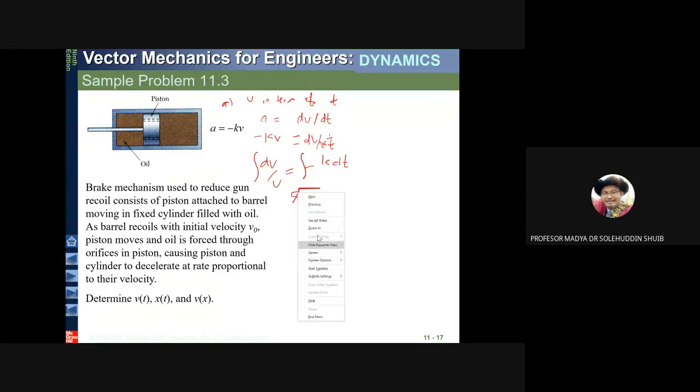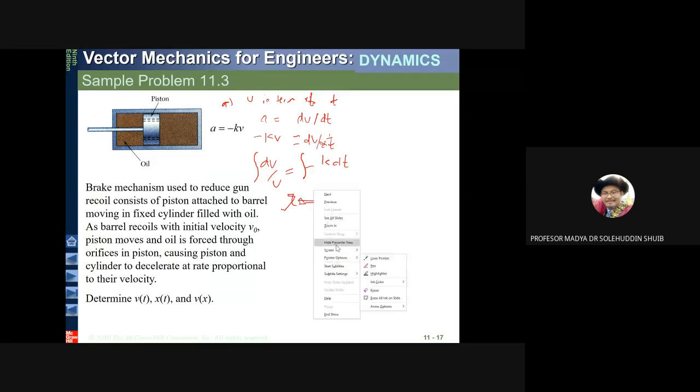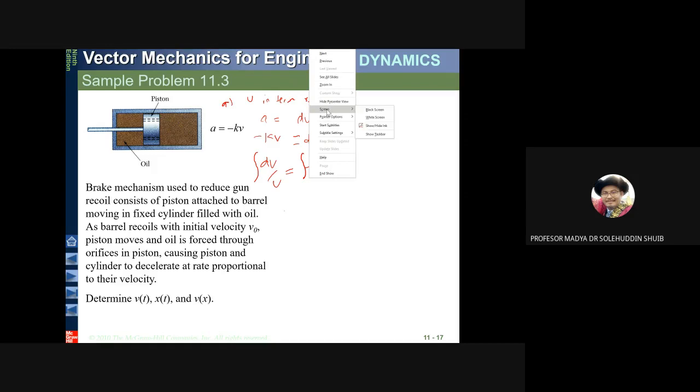To get the natural log. Oh, my pen jumps here and there.